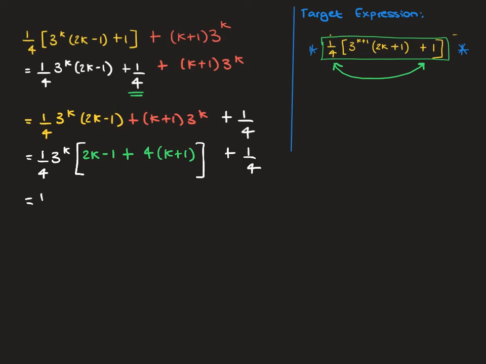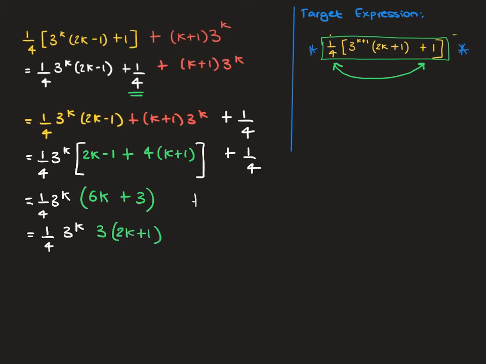So let's simplify what we have in large square brackets. And we have 6k plus 3, so we have a quarter, 3 to the k, and then 3 brackets 2k plus 1.